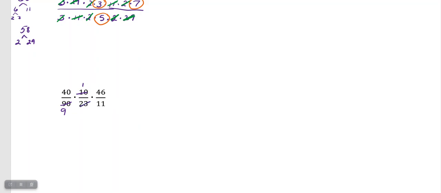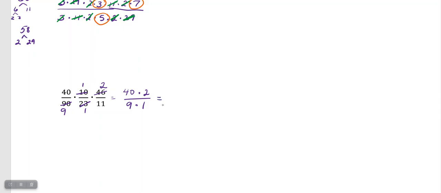So I know 23 goes into 23 one time. 23 will go into 46 2 times. So then I'm going to have 40 times 2 over 9 times 1.